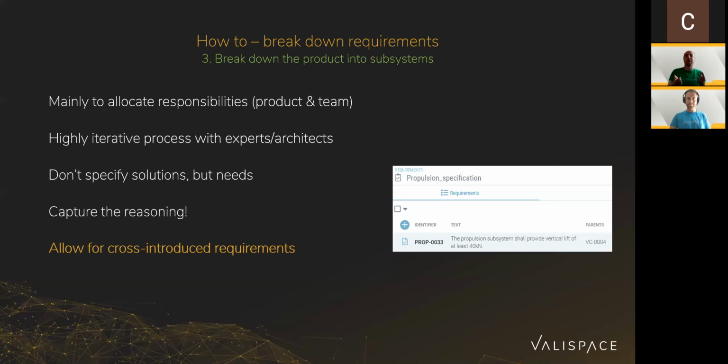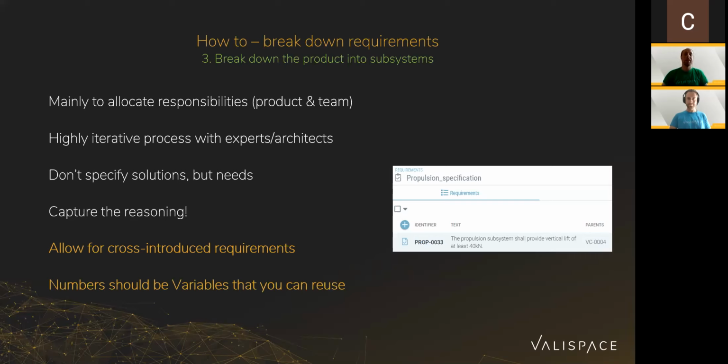For example, you might have a requirement that says you should provide cooling up until a certain level of degrees Celsius because of a requirement in a subsystem like the power subsystem, right? That's perfectly fine. Don't insist on having a parent. It will just make links which are in the end either not existing or not really useful.